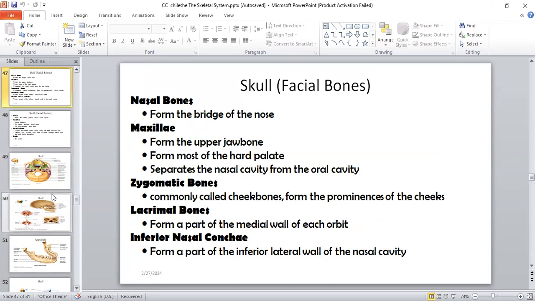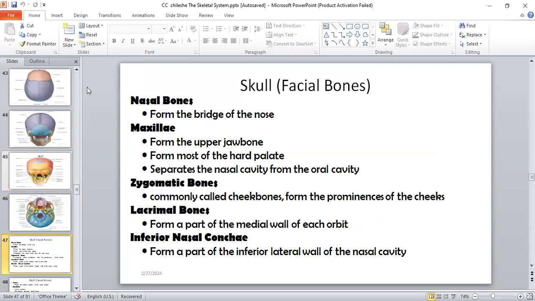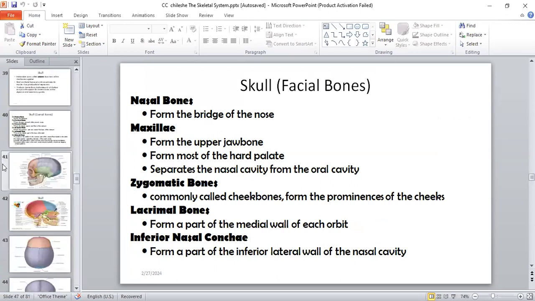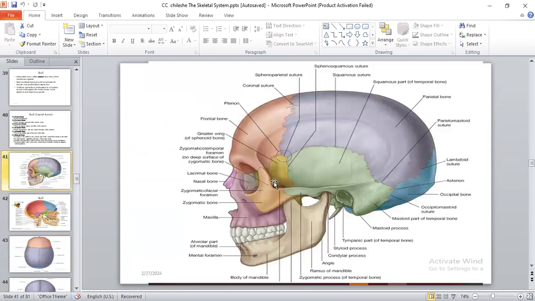And then we have zygomatic bones. Zygomatic bones are those bones of the face that help us make the cheekbones.